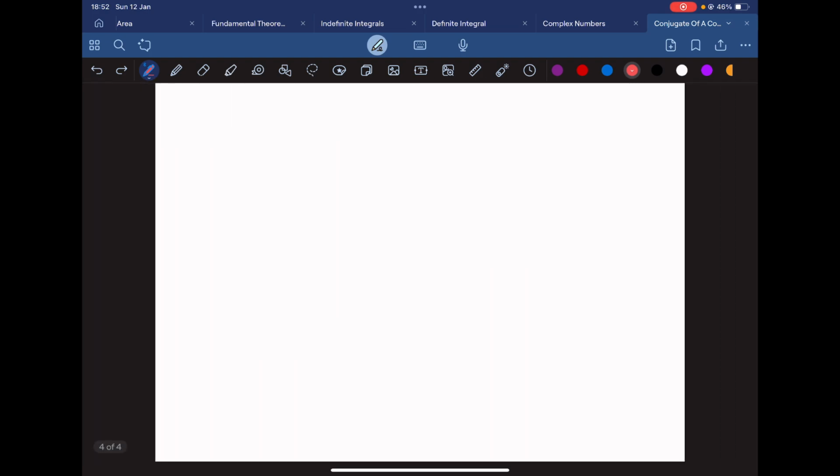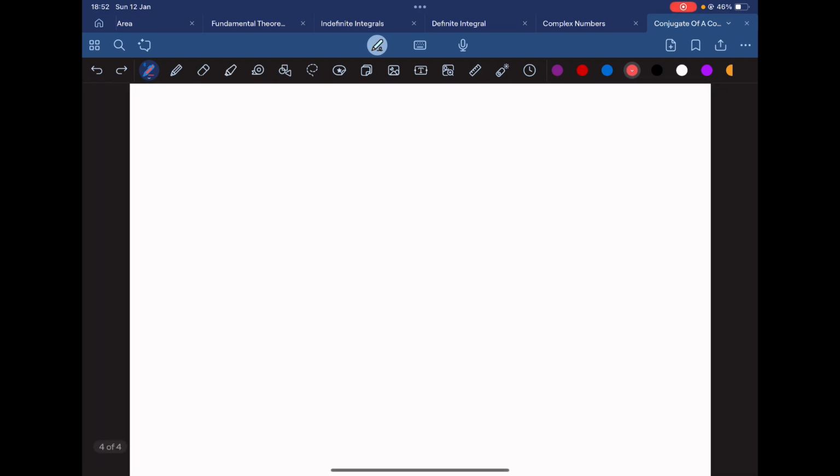That is the third one. So for the third one, we are also to show that the conjugate of z1 over z2 is equal to z1 conjugate over z2 conjugate.